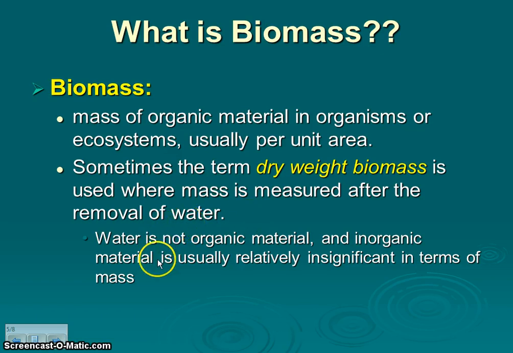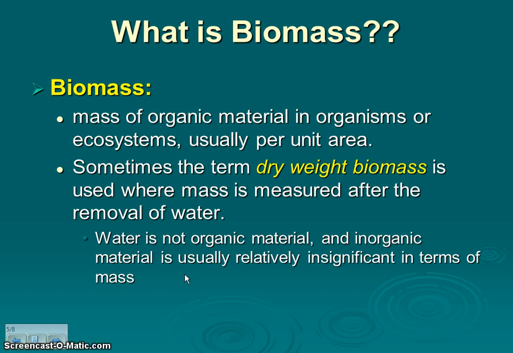So we usually take that out, and the way we would take out the water when we do dry biomass is we would unfortunately have to kill the organism. Like we would take a whole clump of grass and put it in a little tray and put it in an oven and let it dry slowly so we didn't burn it and just the water evaporated out.